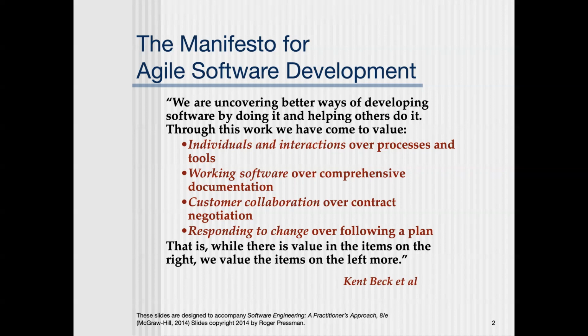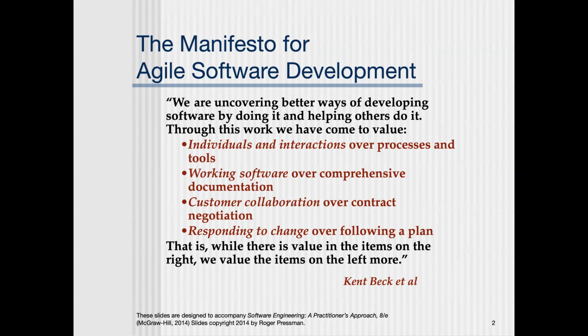Individuals and interaction are given priority over processes and tools, okay? As we'll see as we go through the unified process, it produces a lot of artifacts, as we would say, a lot of documents, okay? There's a value to these documents in that they allow us to make sure we're on the right track and have some historical record, but they come at the cost of being slow.